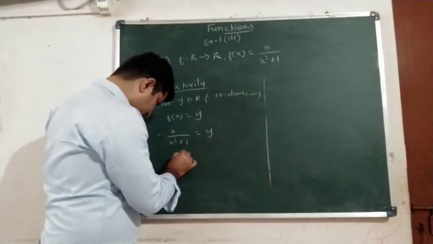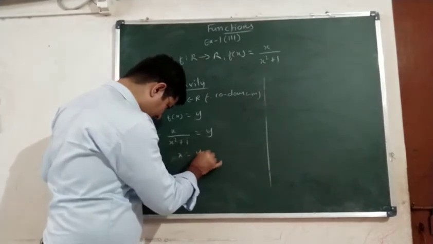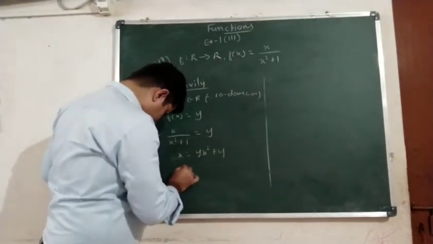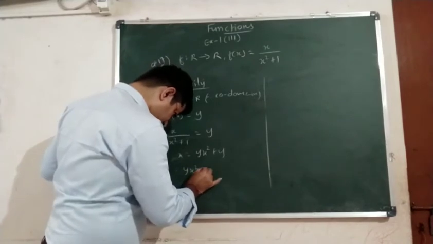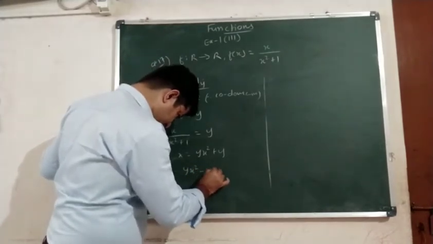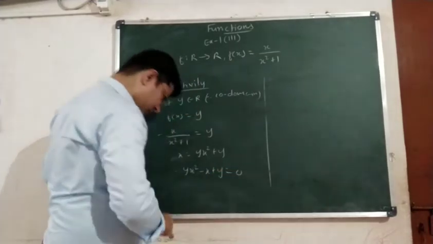On simplification we will get x is equal to y x square plus y, and finally y x square minus x plus y is equal to 0.